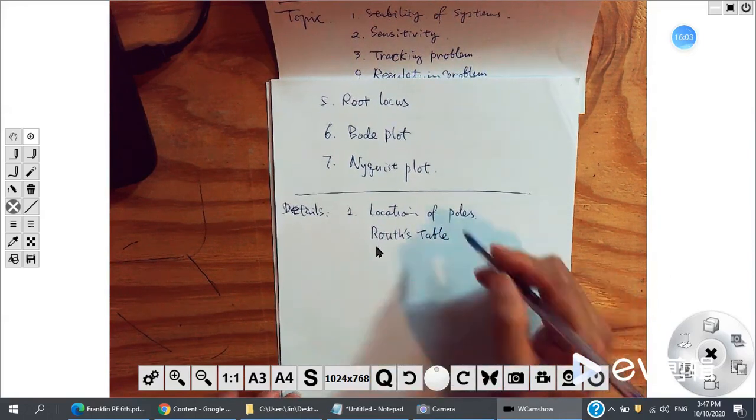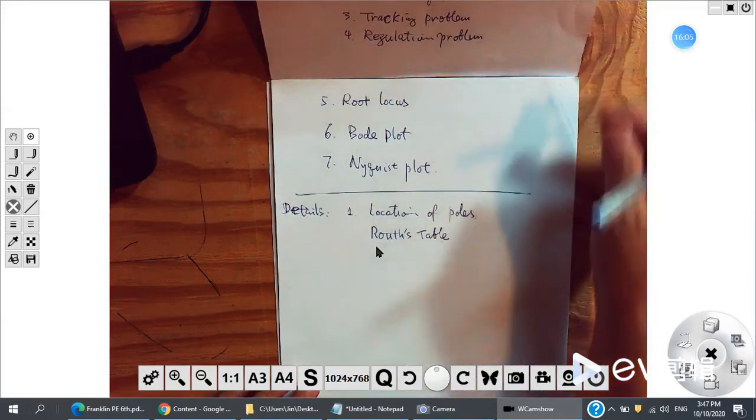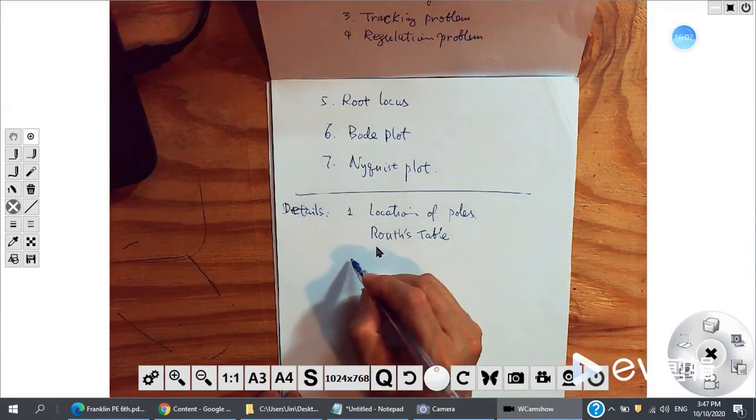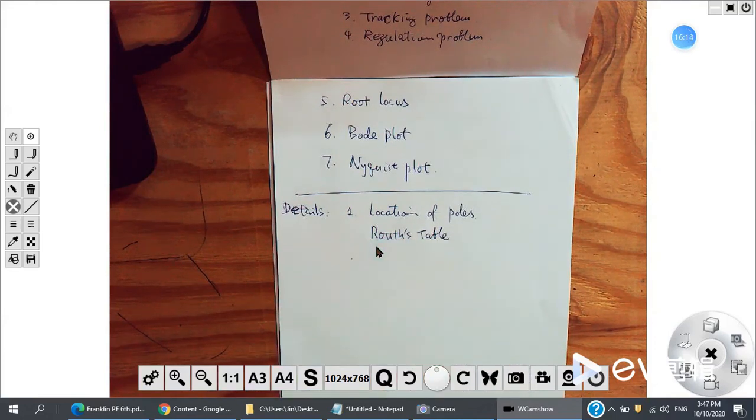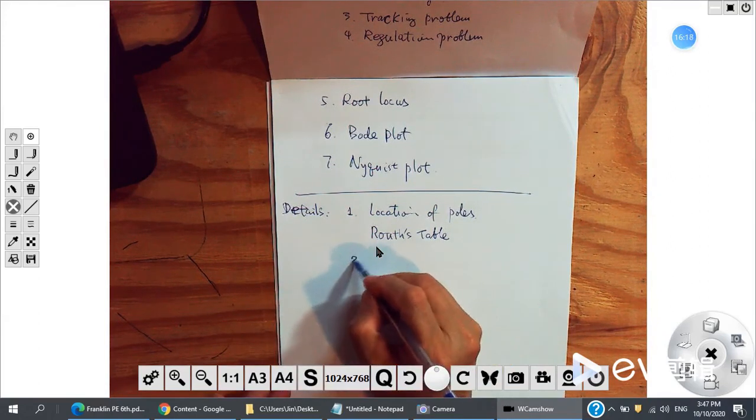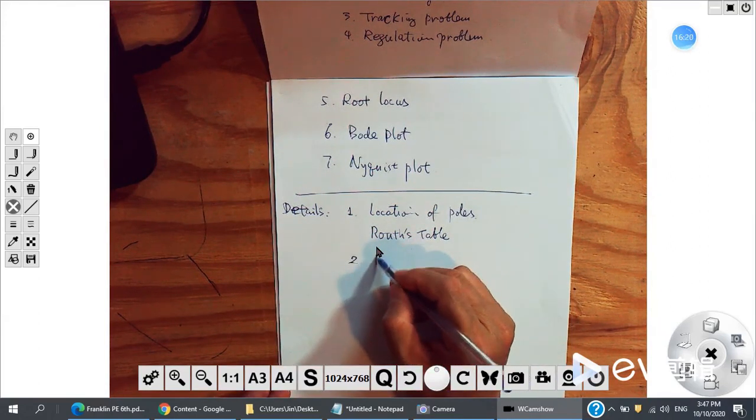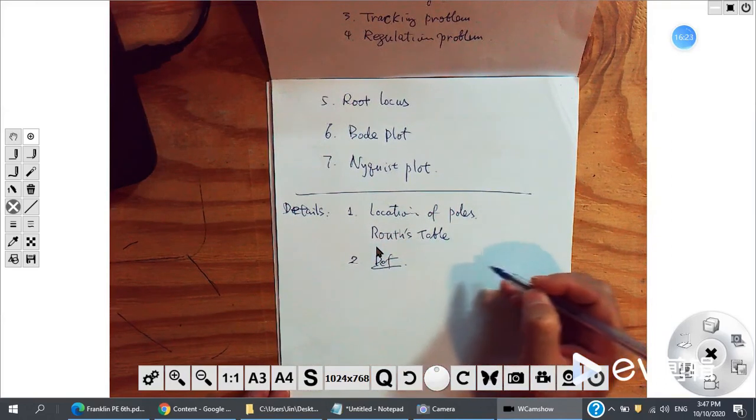Okay. So this is the stability. And for sensitivity, well, just some formula. You should know how to calculate the derivative. So, nothing special. Just start from the definition. You know how to calculate. That will be fine, right?